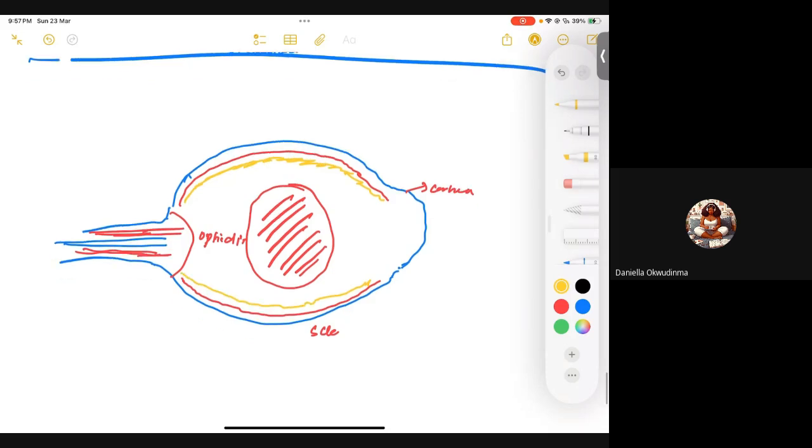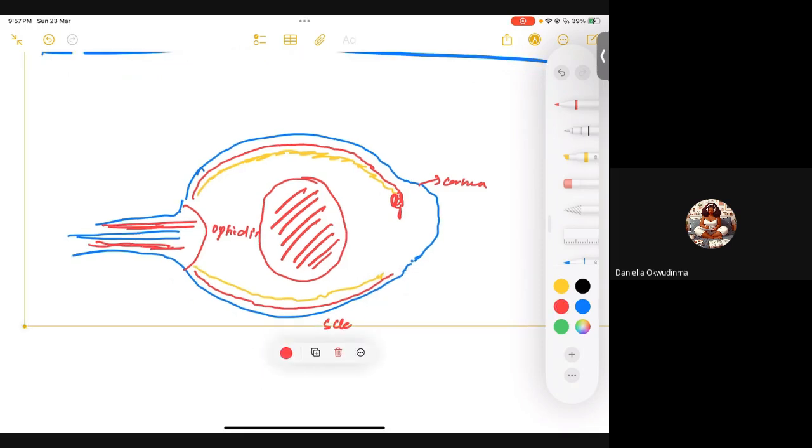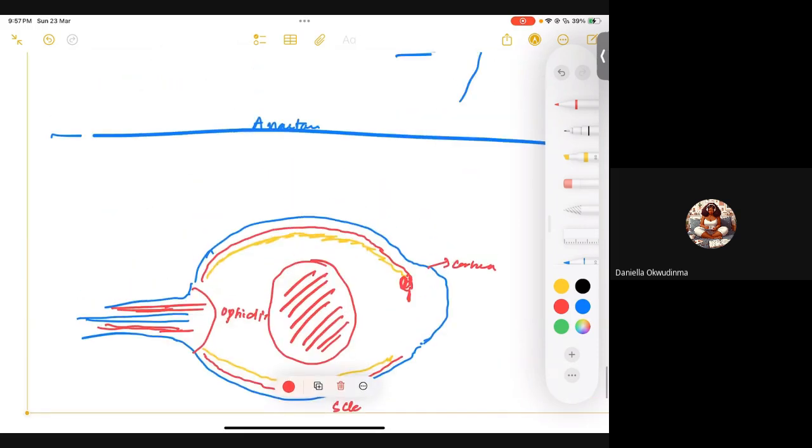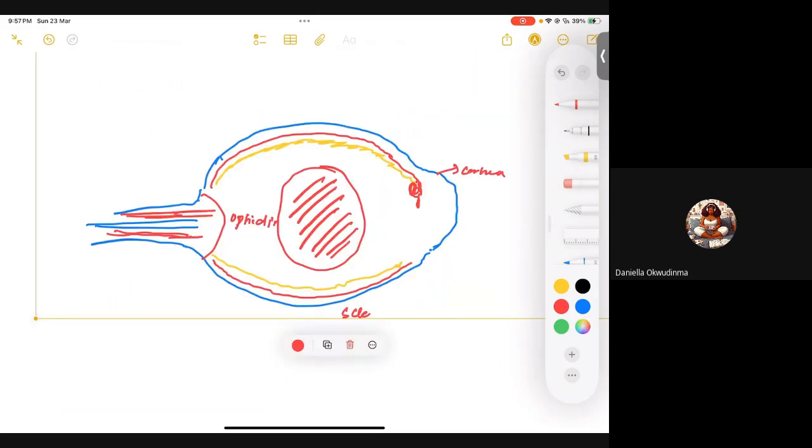So we have retina, we have our vitreous humor, and here, if you guys remember, we have our ciliary bodies. We have our ciliary bodies, we have the iris, and we have our pupil, right? This empty space is your pupil.